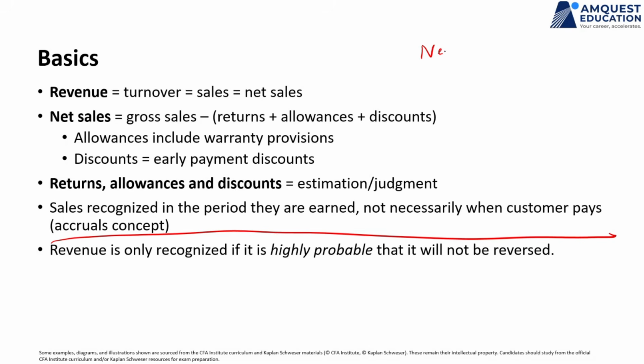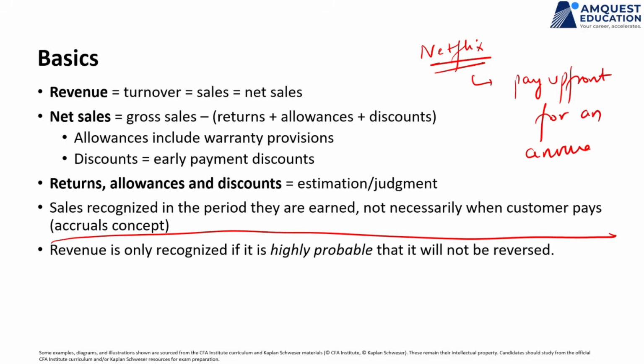This is a line which fits Netflix perfectly. When I buy a Netflix subscription, I pay upfront for an annual subscription. Now, when I pay upfront, that does not mean that is the sales for Netflix.